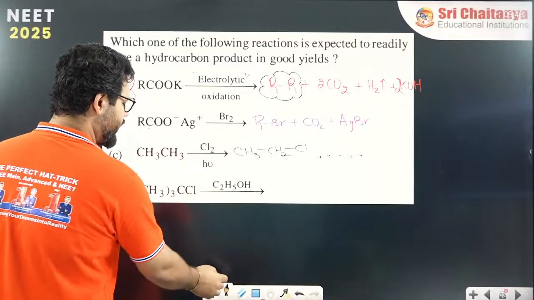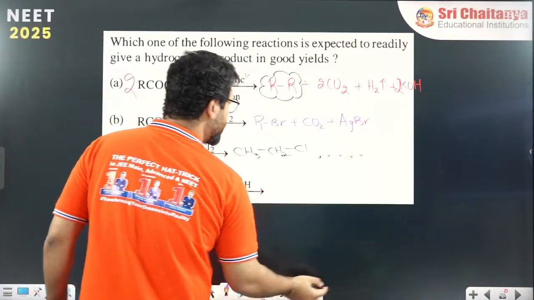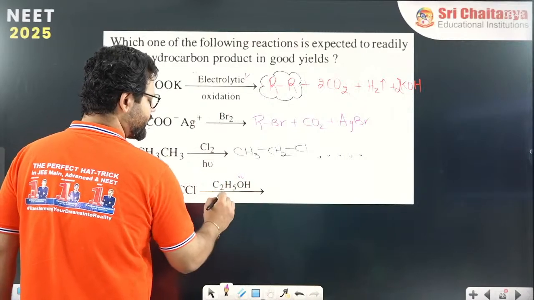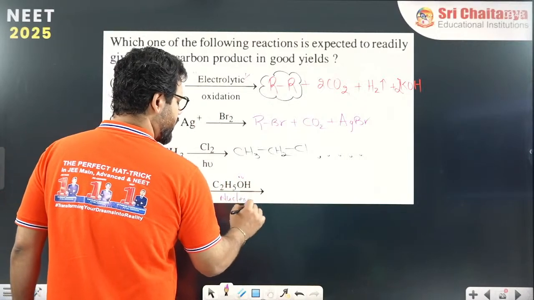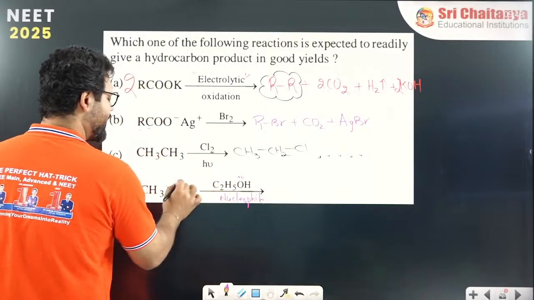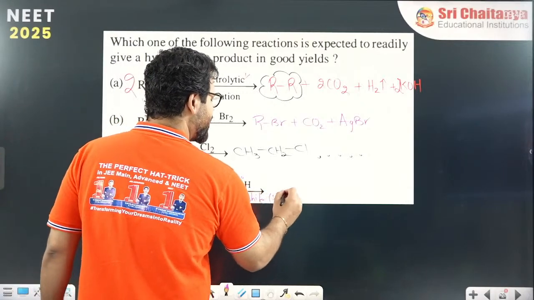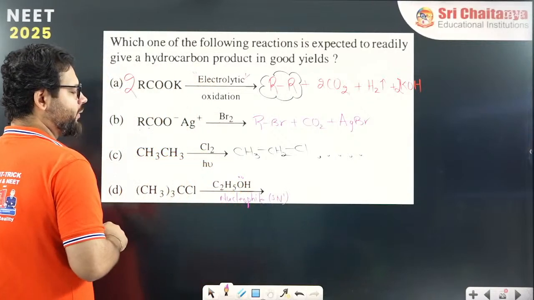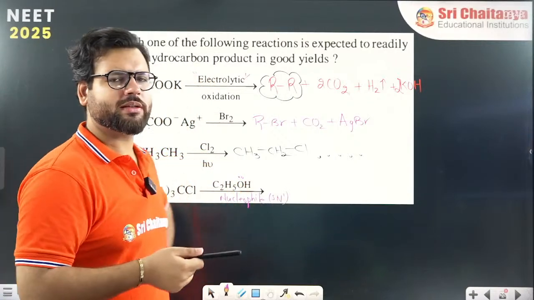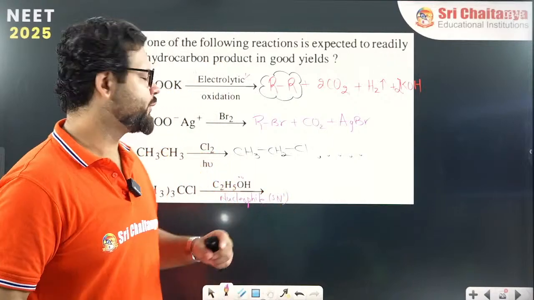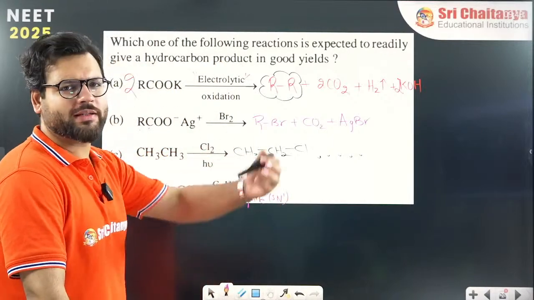The last one is going to be your nucleophilic substitution. This is a nucleophile. So here Cl will go out and OC2H5 will attach. It is going to be an SN1 reaction because we have taken a polar protic solvent here. It is not Williamson ether synthesis. Williamson ether synthesis would have C2H5O minus Na plus here.